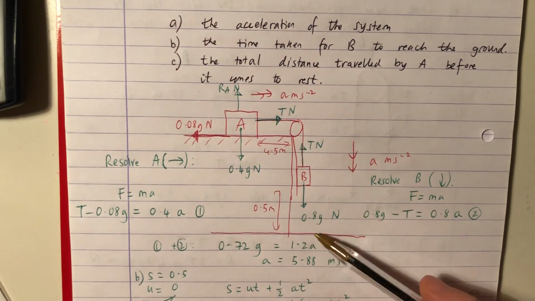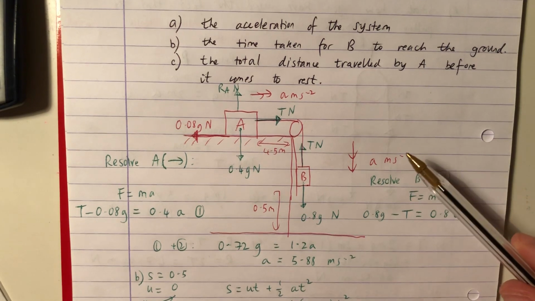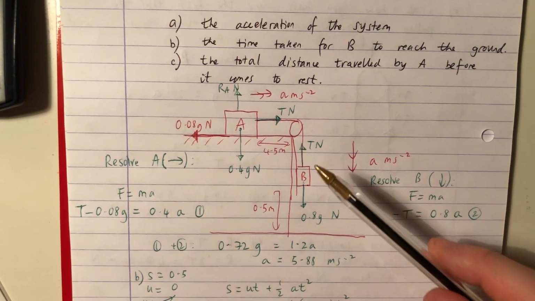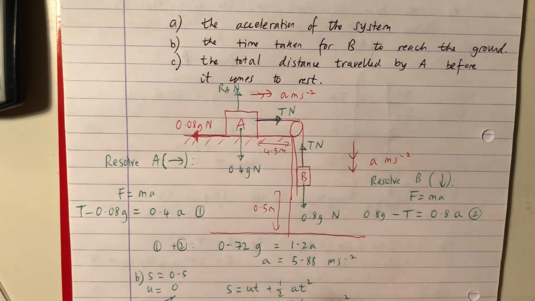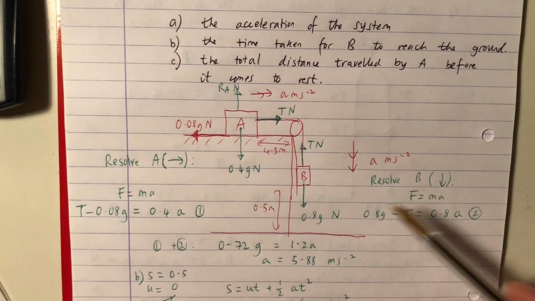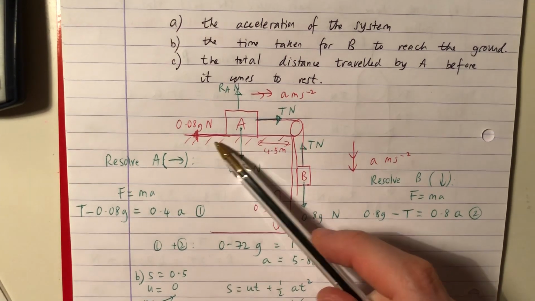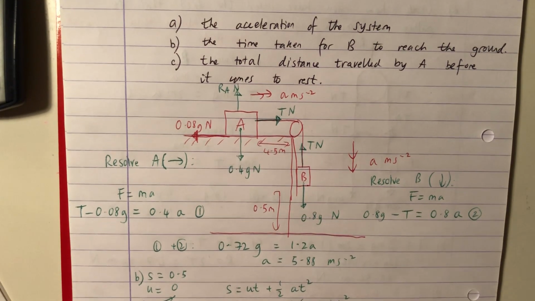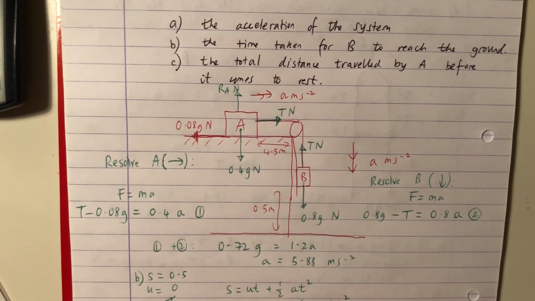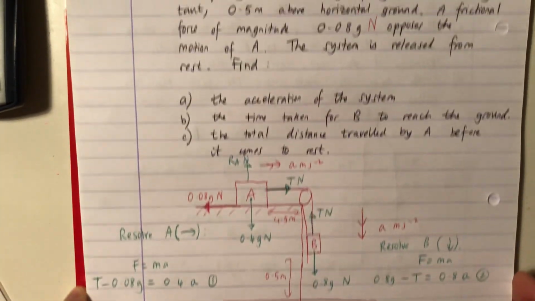Now when B hits the ground, the question changes completely because the string then becomes slack. There's no string at all effectively, and therefore this acceleration changes. It's no longer accelerating, the actual object will start to decelerate. So, gonna need some more paper for this.